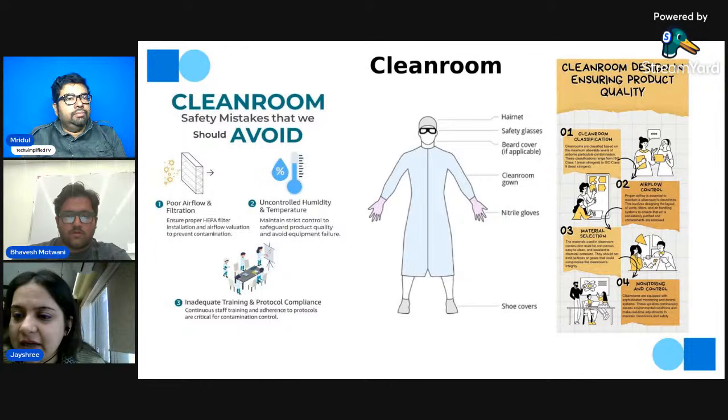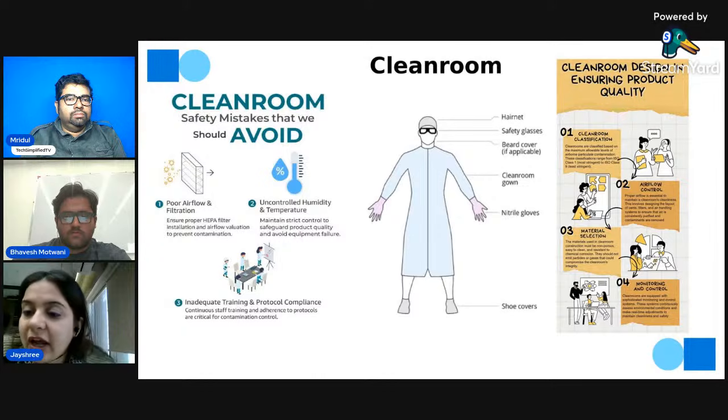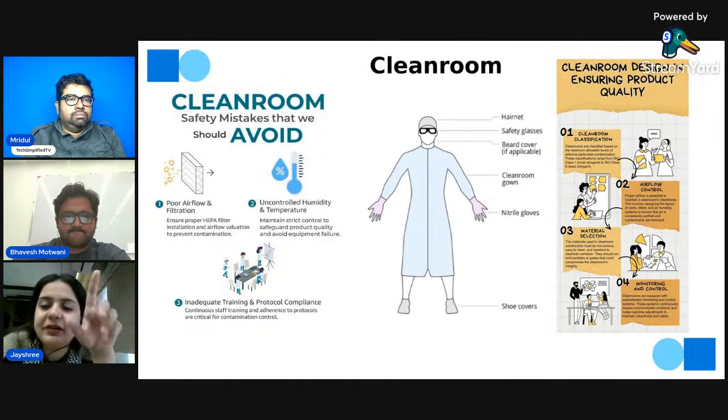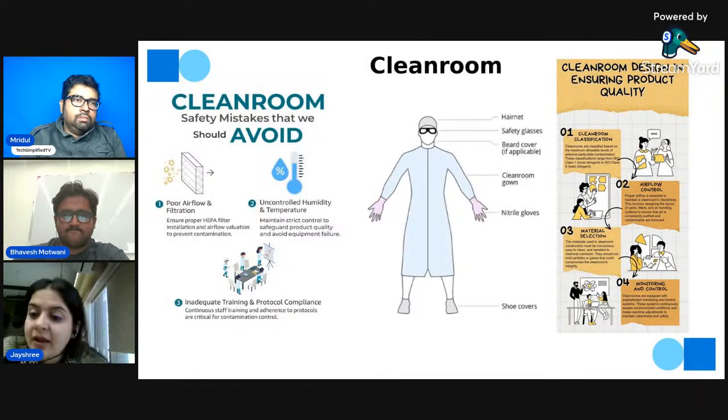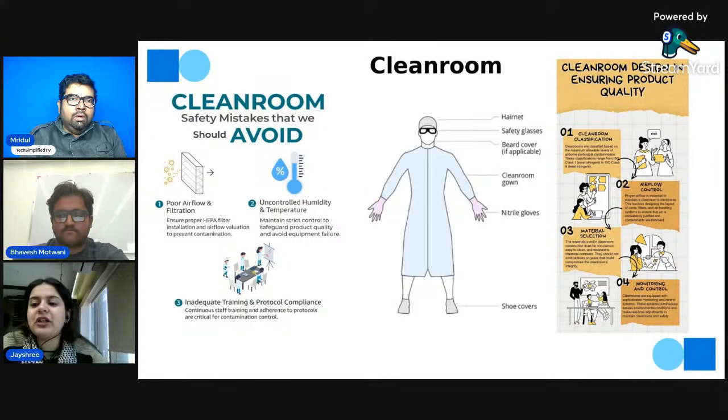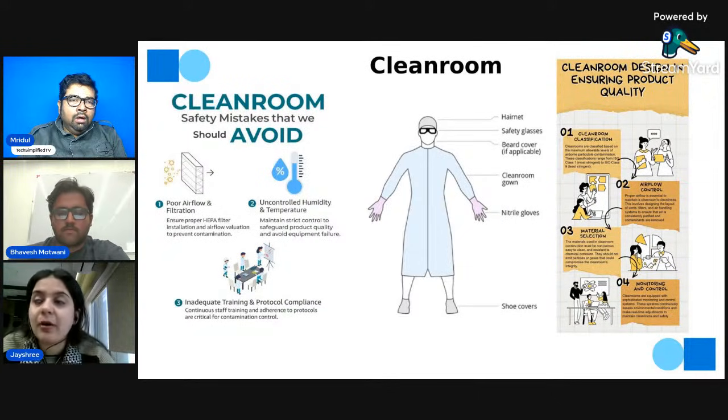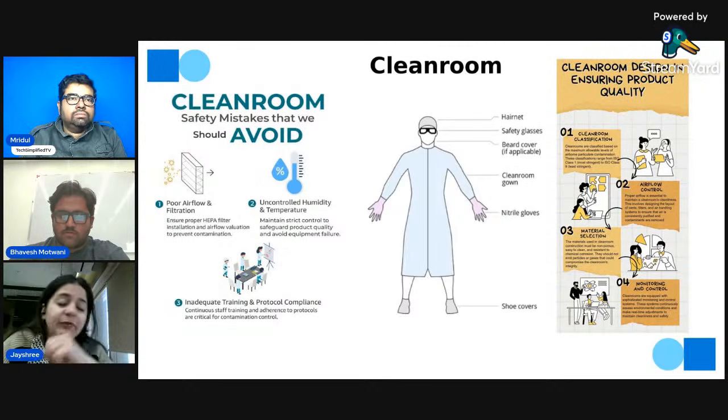So basically, it's clean room classification, the number of classes we saw. Then the airflow control, such as the HEPA filters, and how this airflow control should be maintained so that it is cleaned completely. Then the material selection, the right material and the right material characteristics being maintained.